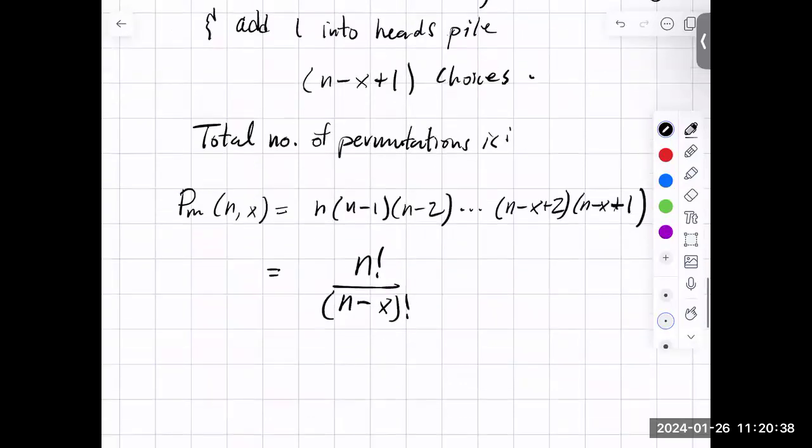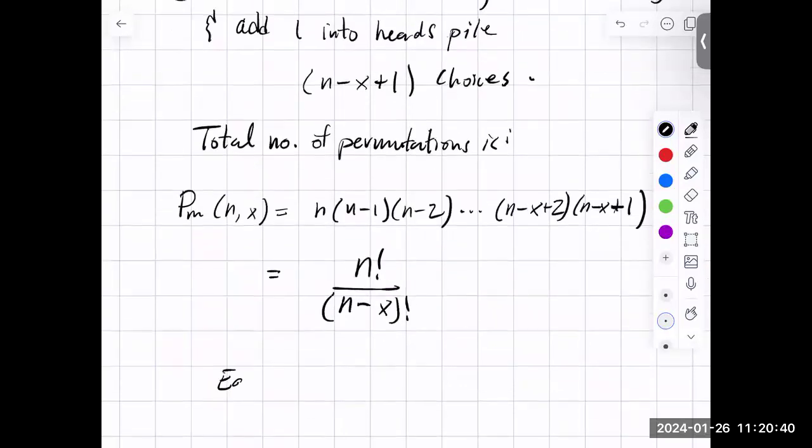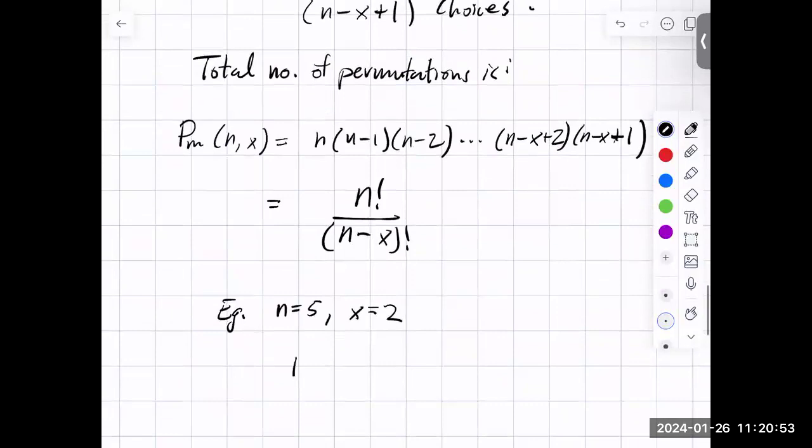And so let's do our example. N equals 5 and X equals 2. We drew all those possibilities and we saw that there were 10 of them, right? So let's check this out. So the number of permutations is going to be 5 factorial divided by 3 factorial, which is 5 times 4.